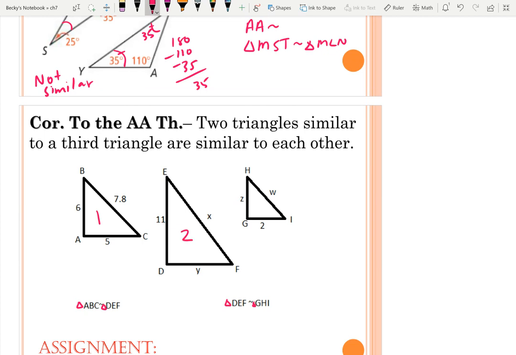That's given to you. And then triangle DEF, the second one, is similar to GHI, the third one. So by this corollary, we know, therefore, the first triangle, triangle ABC, is going to be similar to the last triangle, GHI. It's kind of like substitution, but with similarity in triangles.